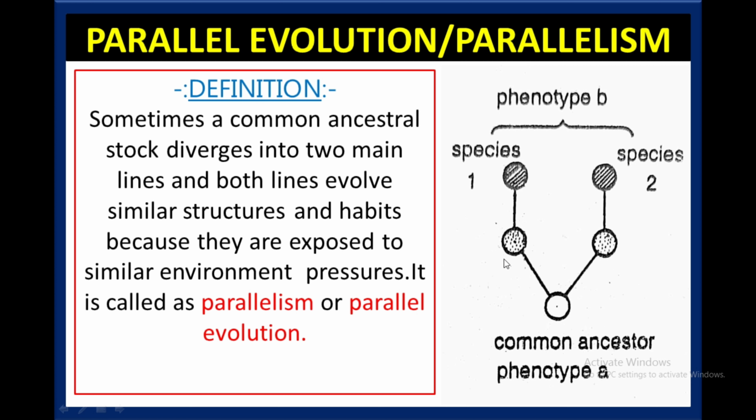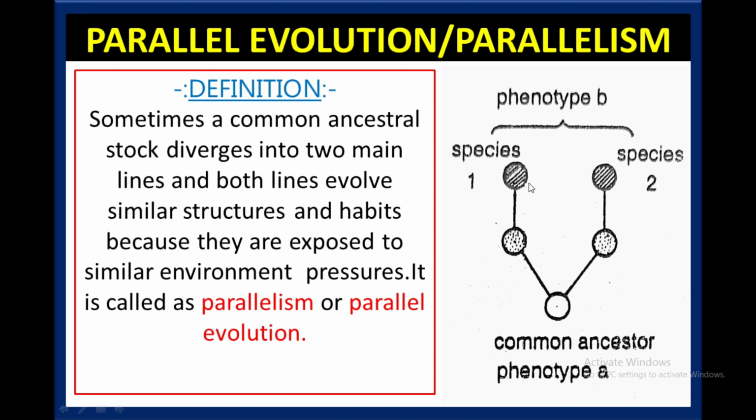In this schematic diagram, you can see that this is a common ancestor, and this common ancestor is expressing phenotype A. From this common ancestor, two new lines diverge, and from these two new lines, two new species evolve.